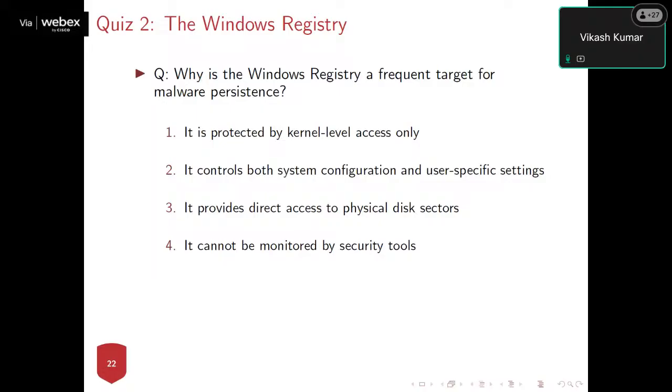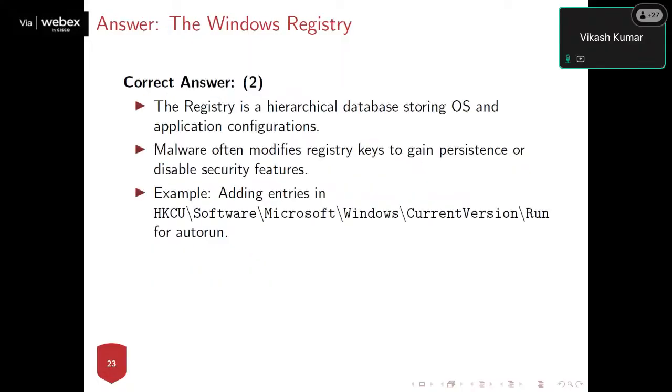So basically, it is the two. It controls both the system configuration as well as whatever user settings have been applied to that particular application to execute. Those things are saved there. In the same way malware tries to register its services or files there, and then decides how it will get run. Okay. So yes, it is two. Thank you.